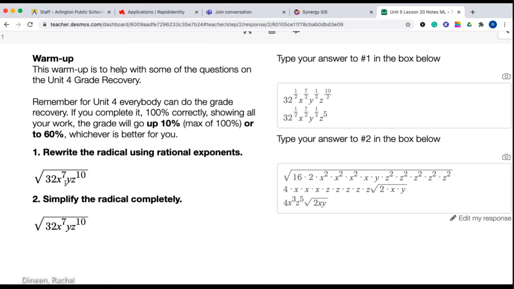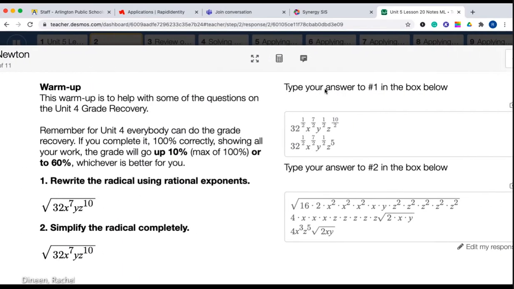Then x has an exponent of 7, power over root, so that's 7/2. Y, again, doesn't have an exponent shown, so it's understood to be 1. So y to the 1/2, and then z to the 10 over 2. I really like how it was simplified to 5. If you can simplify the fraction, simplify the fraction. So number 1, we were rewriting using rational exponents. Great job, whoever Isaac Newton is.